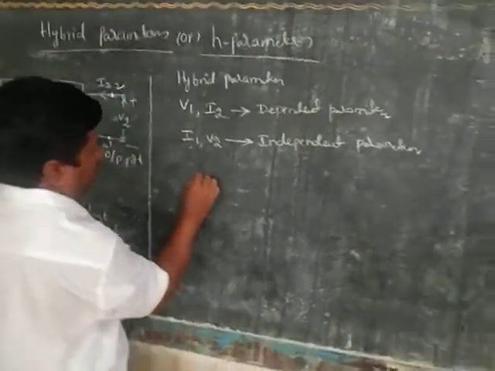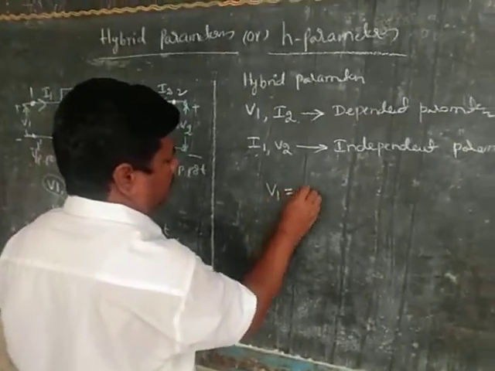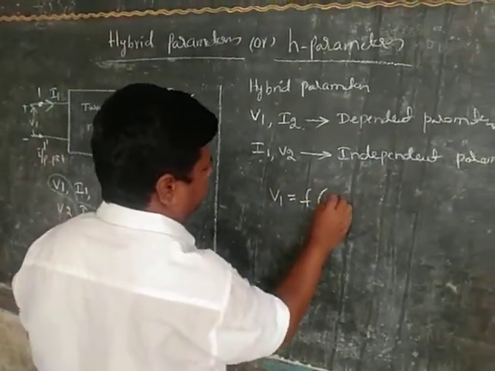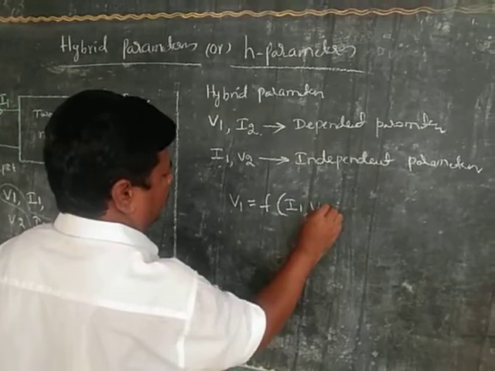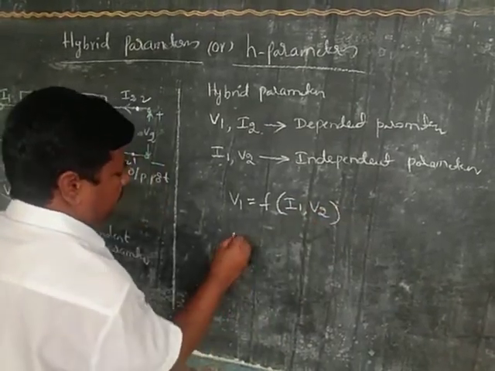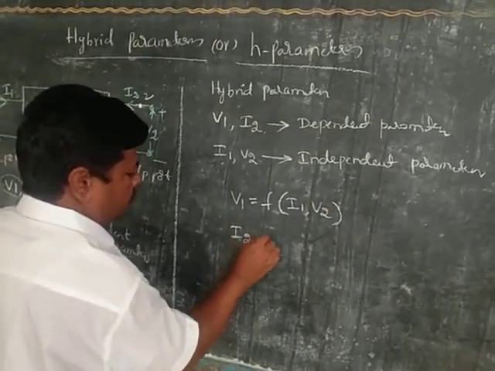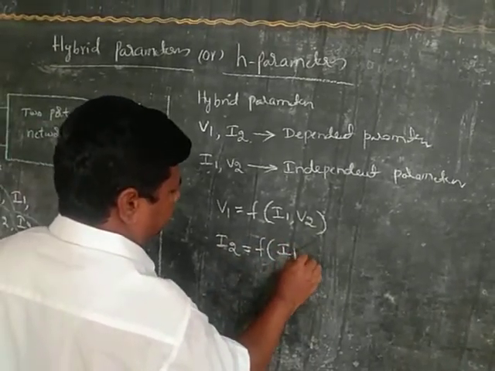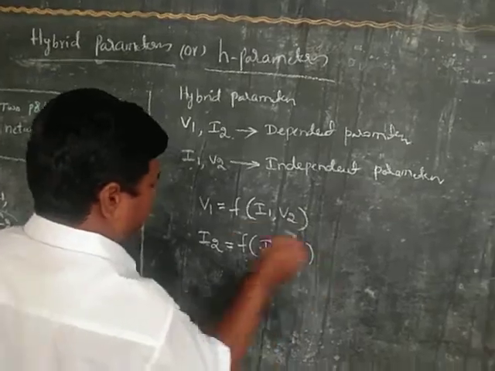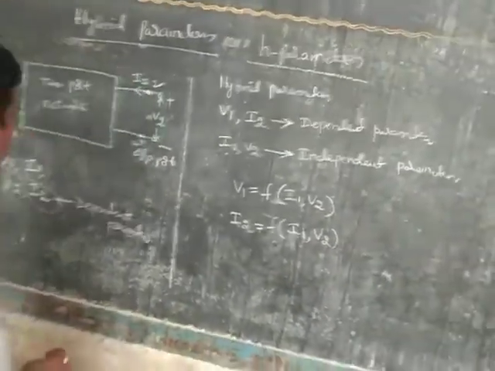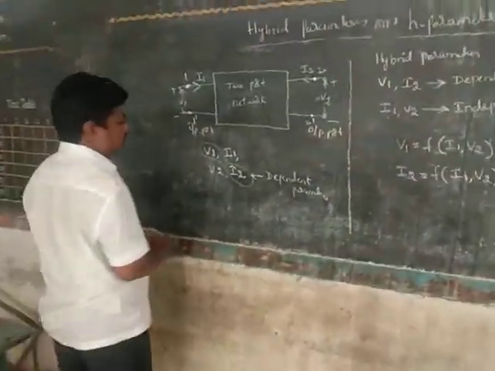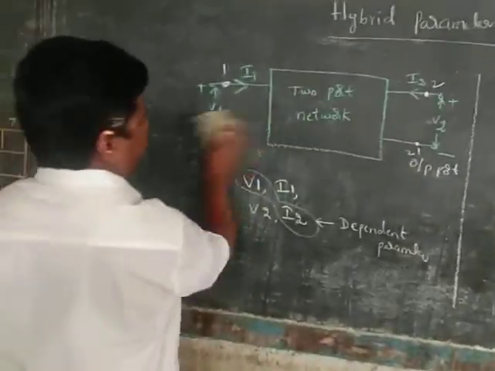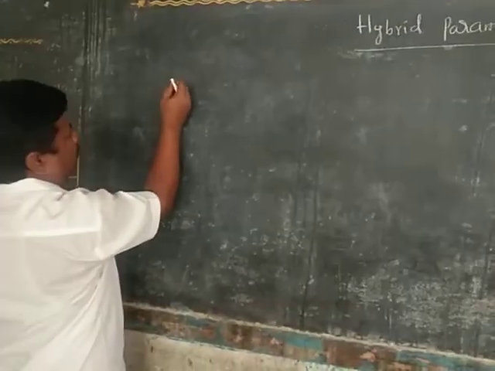That means V1 is a function of I1 and V2. Similarly, I2 is a function of I1 and V2.